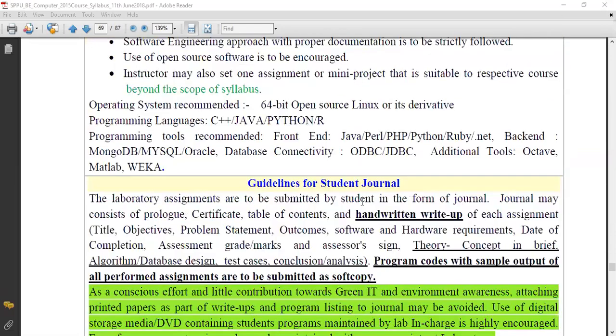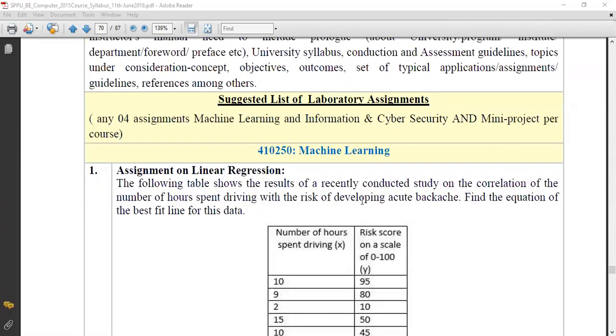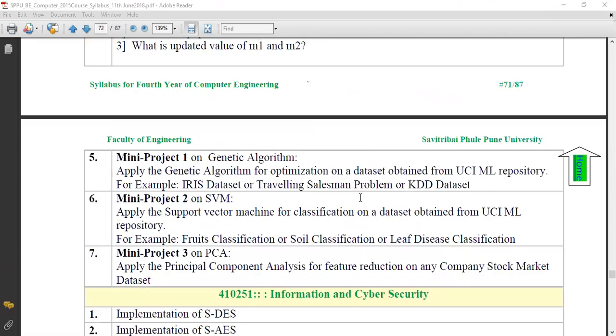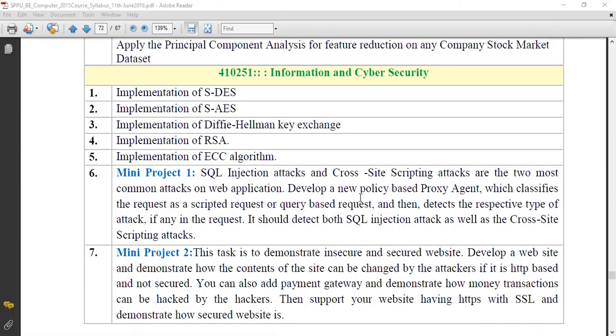Okay, so we have completed the two algorithms, just time to show you. You already uploaded the implementation of SDES. Now start the implementation of the AES algorithm.